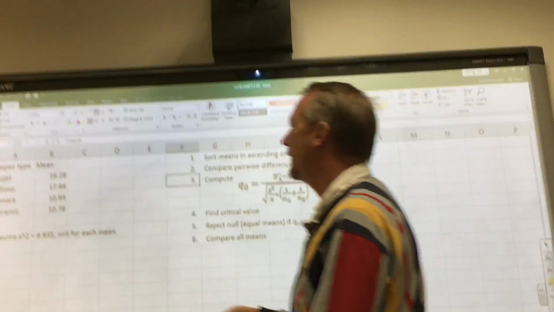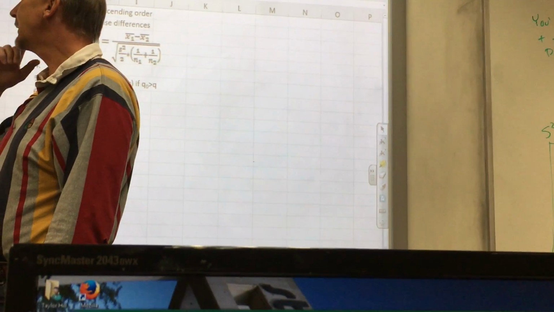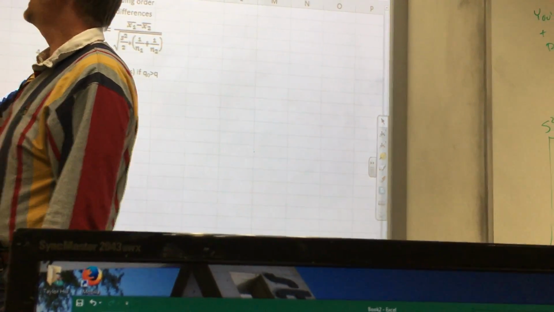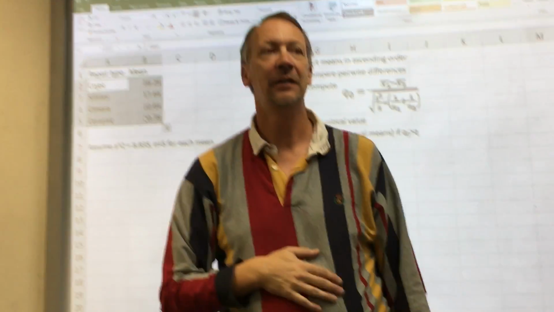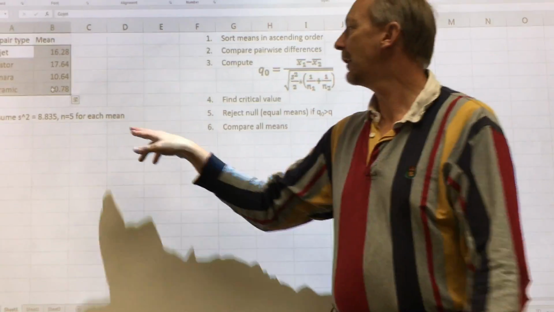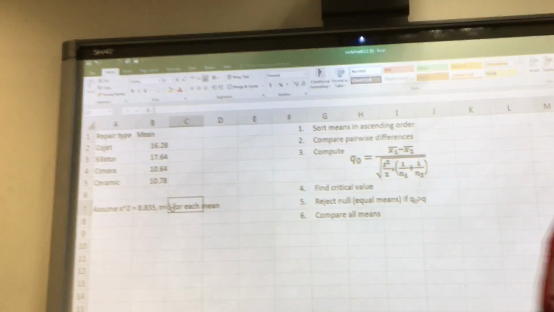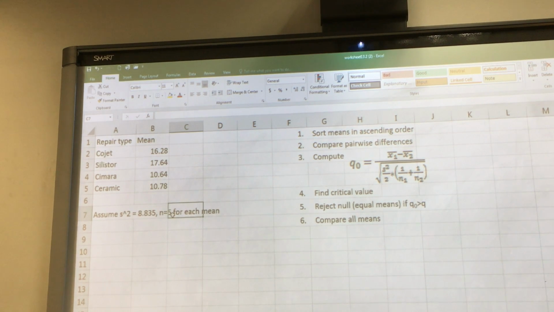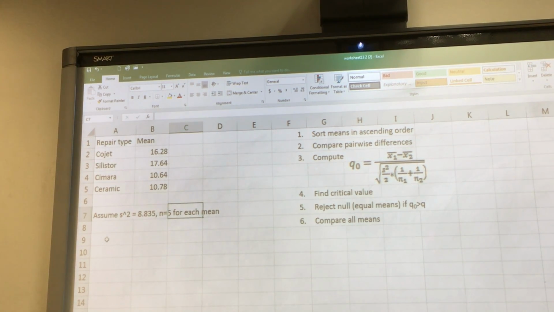We found our MSE, in this case, is 8.835. These are the 4 means that I got. I've got 5 for each mean. Let me give you the question here.